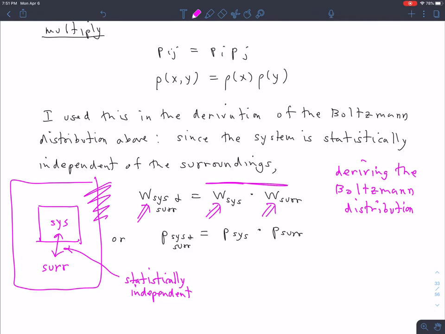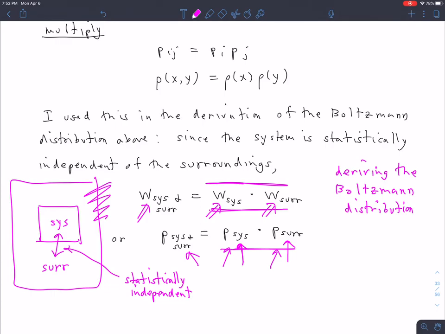This requires statistical independence. And if this is true, then the probabilities will also be statistically independent. So the probability of finding a state in both the system and the surroundings is the probability of finding a state in the system times the probability for finding a state in the surroundings.